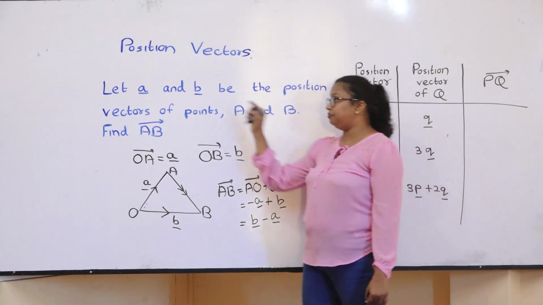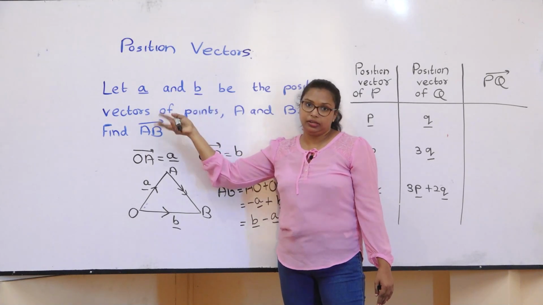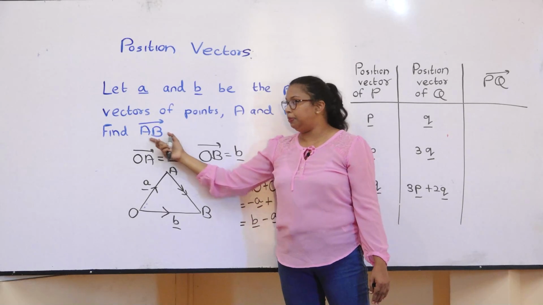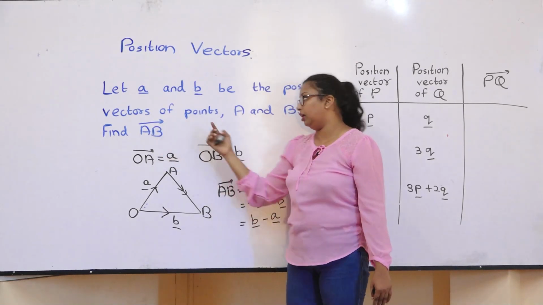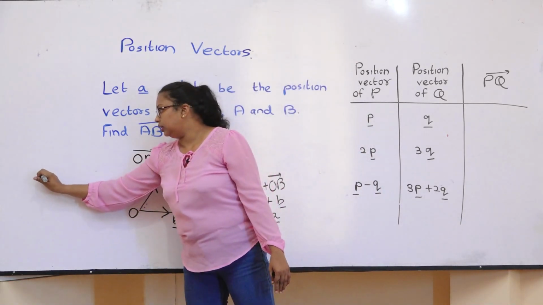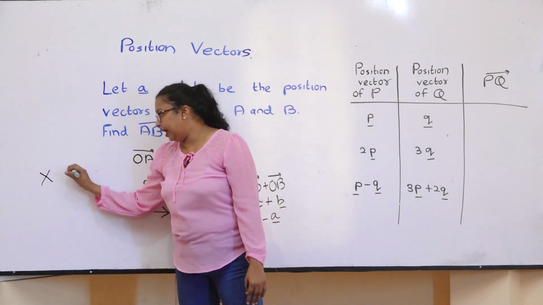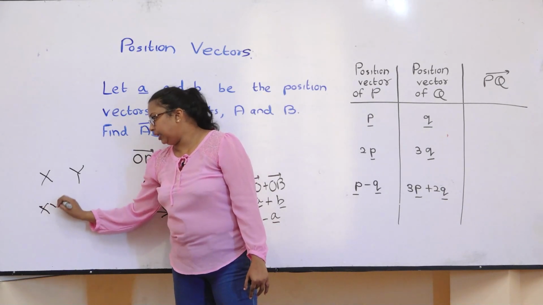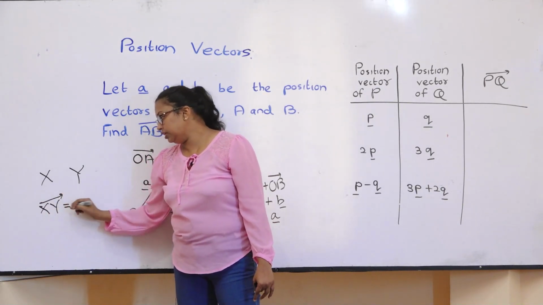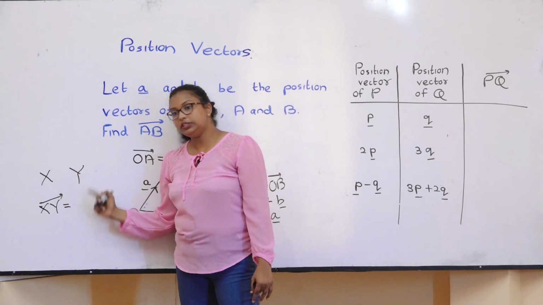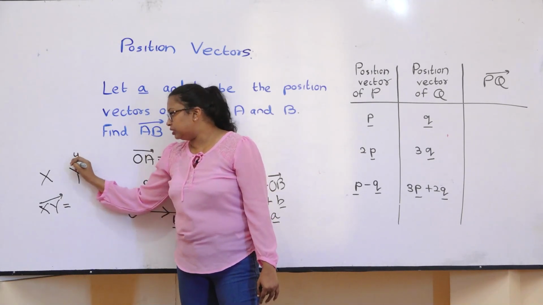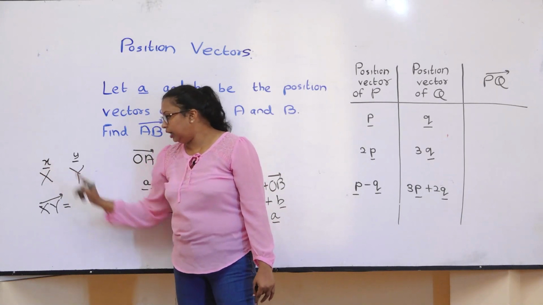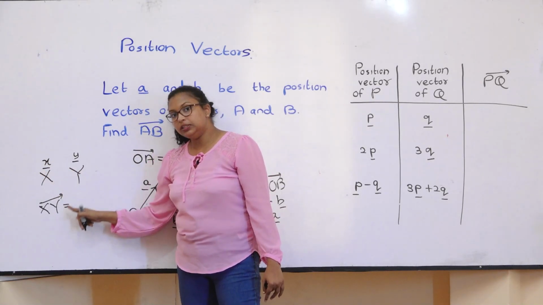So, if they give us the position vectors of 2 points, very easy, and ask us to find this AB, like if they have given the position vector of X and the position vector of Y, and they ask us to find XY, what will be our answer? XO plus OY. Just think the position vector of Y is Y, position vector of X is X. XO plus OY.